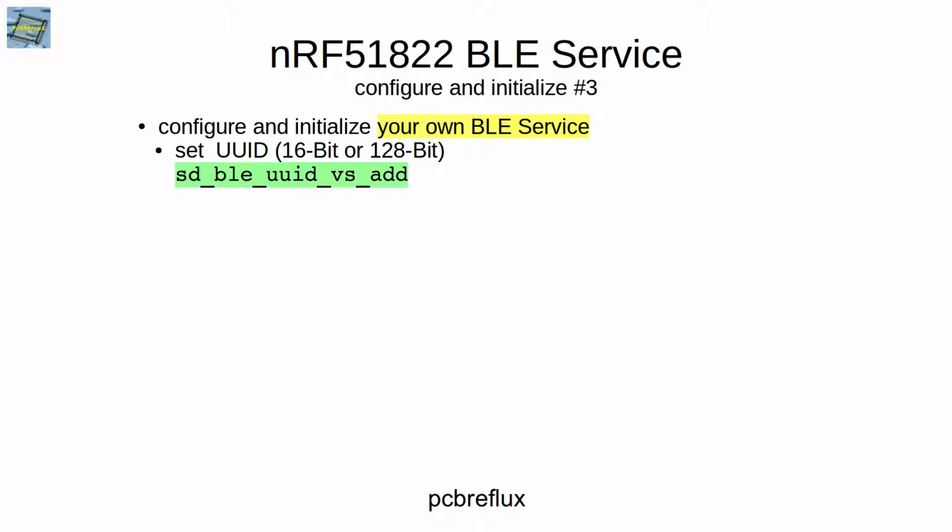Now we come to the block with our own to-dos. We first set our universal unique identifier or UUID. We can choose a 128-bit own ID, or we use a standard 16-bit UUID given by the Bluetooth Special Interest Group or SIG.